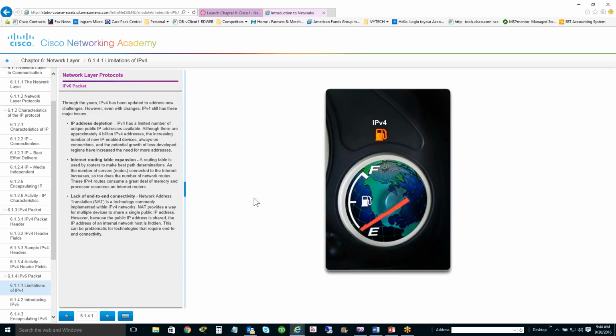There's only a limited number of unique public IP addresses available, although limited is 4 billion. The increasing number of new IP devices that are internet facing and always-on connections, the potential growth of less developed regions have increased, and the need for more addresses has just exploded.